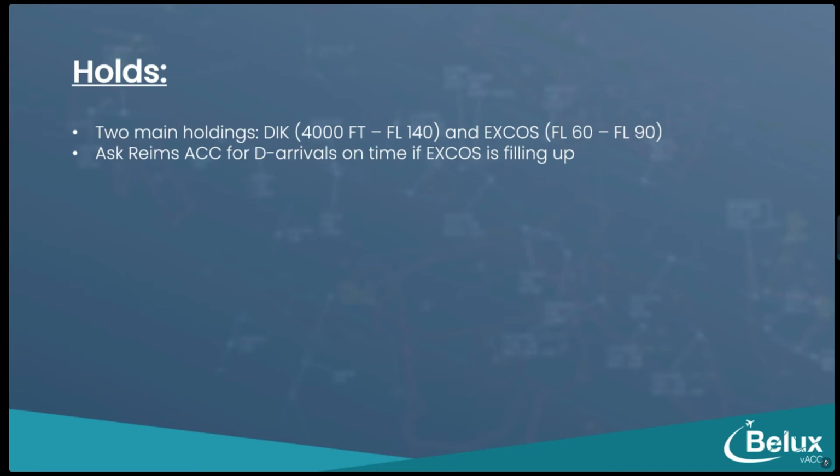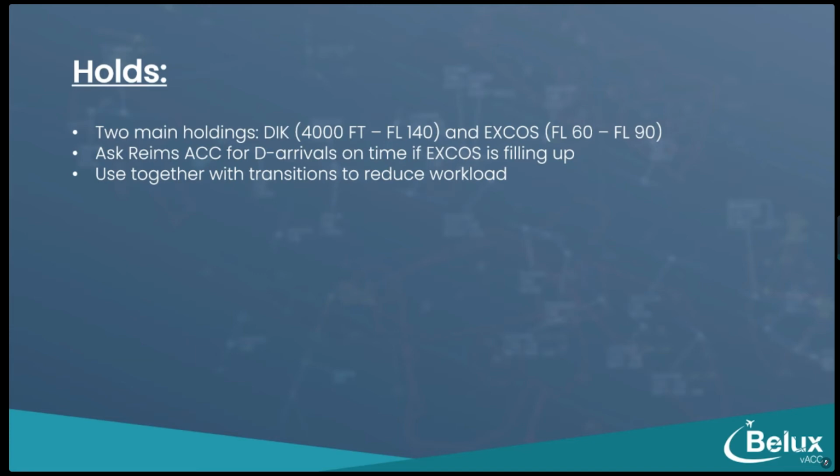It's also in the LOA that when you're using delta arrivals, Reims should descend to flight level 140, so you can easily get them into the Diekirch holding. At this moment, if you're telling them, okay, please use delta arrivals, it might be a good thing to remind the controller as well to use flight level 140 instead of flight level 90 for those arrivals. And use the holds together with the transitions to reduce workload.